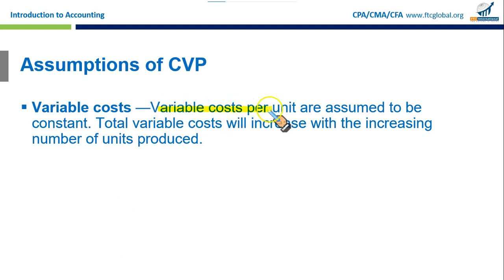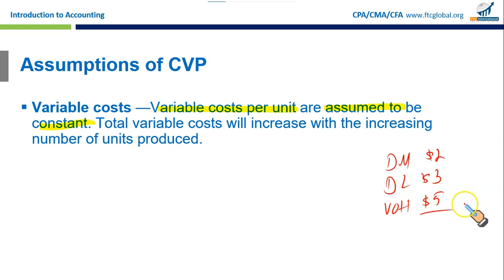Variable cost per unit is assumed to be constant. Let's say we produce a certain item that takes these variable costs: direct material, direct labor, variable overhead. These are the costs of production. It takes $2 of material, $3 of labor, and let's say $5 of variable overhead, like electricity at the production facility, indirect material, indirect labor, which varies with production. So the total cost per unit is 10.